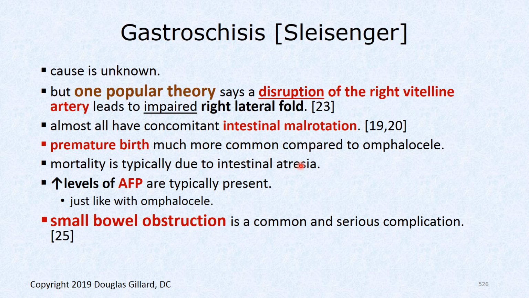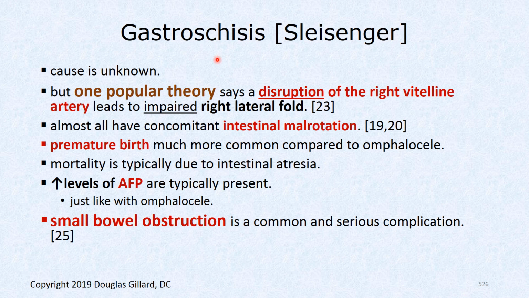It results in premature birth. Premature births are also much more common in these compared to omphalocele. So with omphalocele you can have premature births, but with this one, these babies tend to be preemies a lot of the time. Mortality is due to intestinal atresia, where the intestines get screwed up.